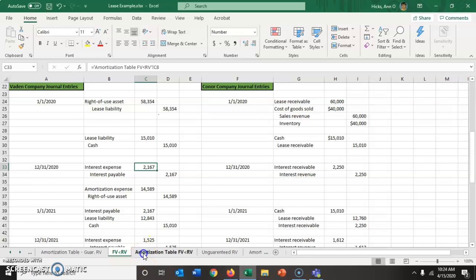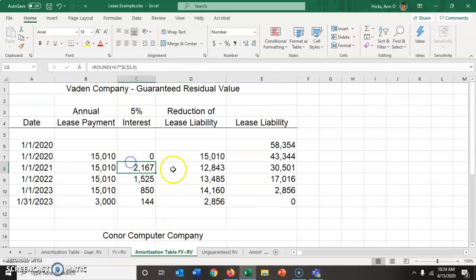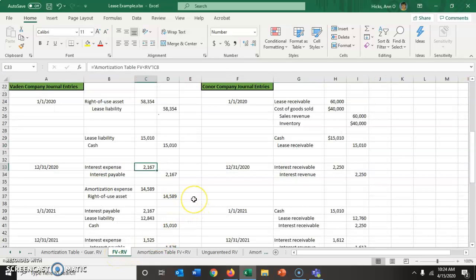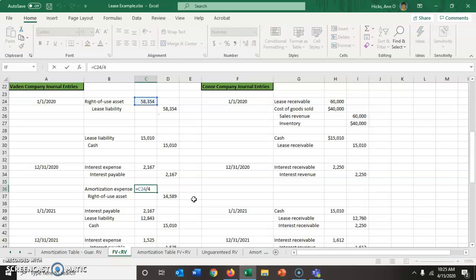And again, I have attached an amortization table which calculates the interest and lease liability reduction based on this revised balance of $58,354. And then we'll record the amortization expense, which is the $58,354 divided by 4.